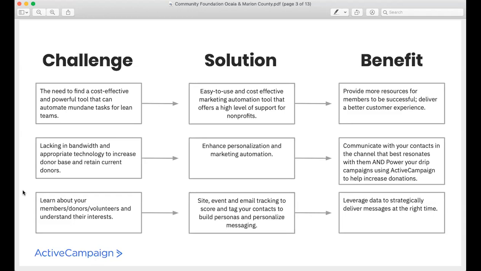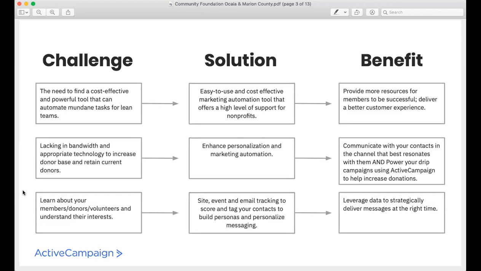So a solution would be something like ActiveCampaign. It's definitely an easy to use tool. It's cost effective, and we also offer a high level of support for nonprofits and our customers, at no additional cost. And so our goal is to be an extension of your business wherever possible, and provide you with that support that you do need.